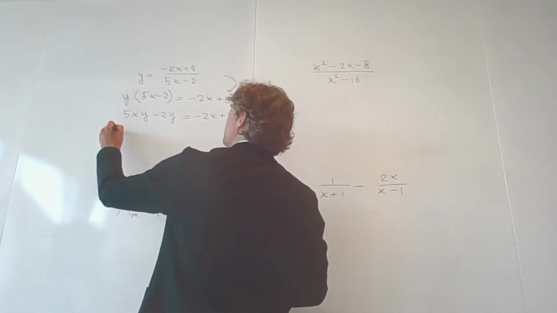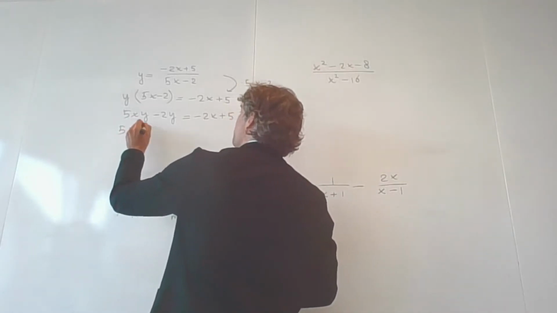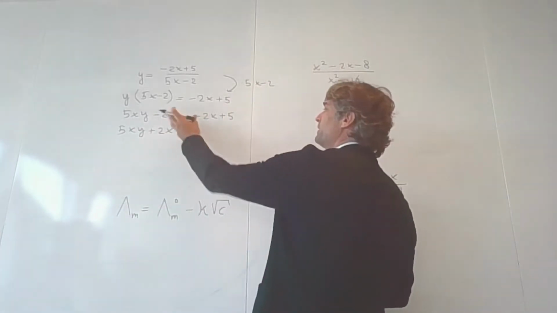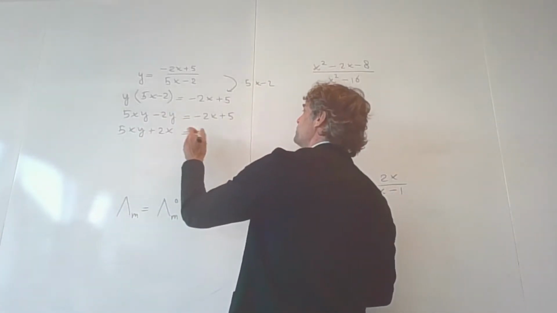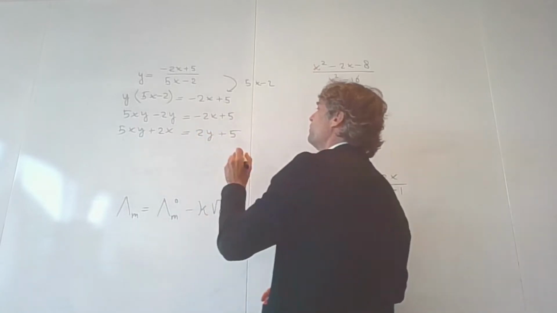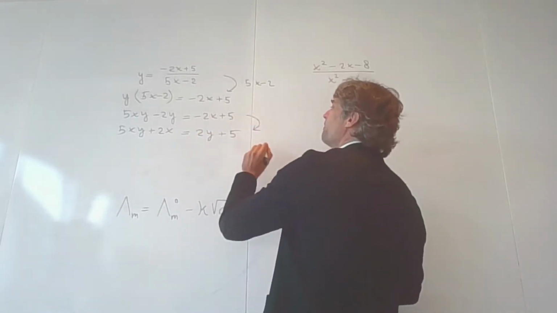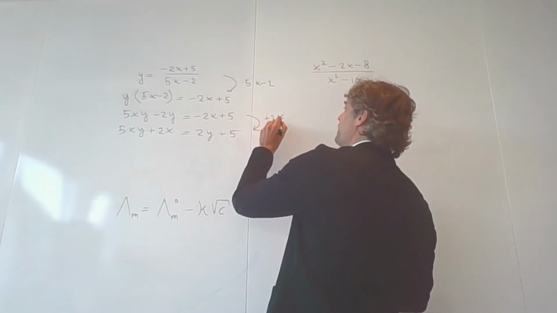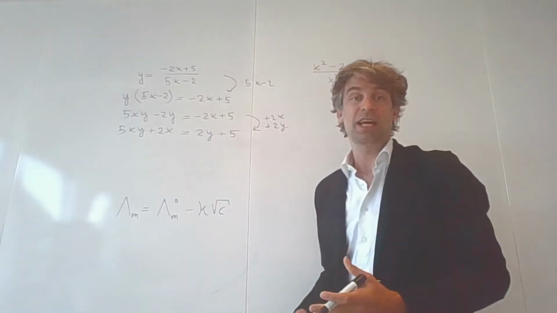So that means we get 5xy plus 2x equals, and everything without an x to the other side. So I take minus 2y to the other side, 2y plus 5. All in all, what I've done here is add 2x and add 2y on both sides.